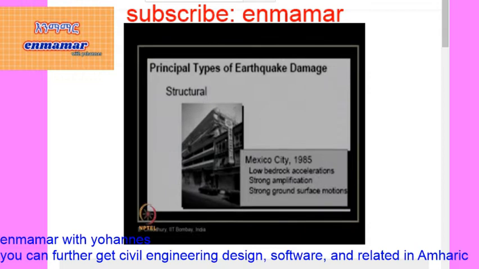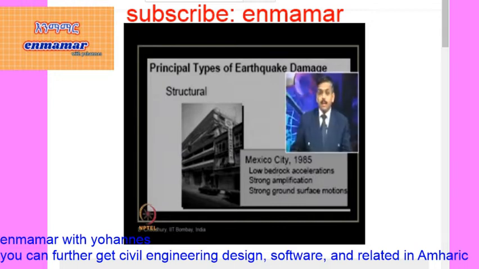Like the structural damage that occurred during the Mexico City earthquake, which is a very well documented earthquake that occurred in 1985 in Mexico City, in the country Mexico. In that earthquake, at rock level, whatever earthquake acceleration hit the site was pretty low.